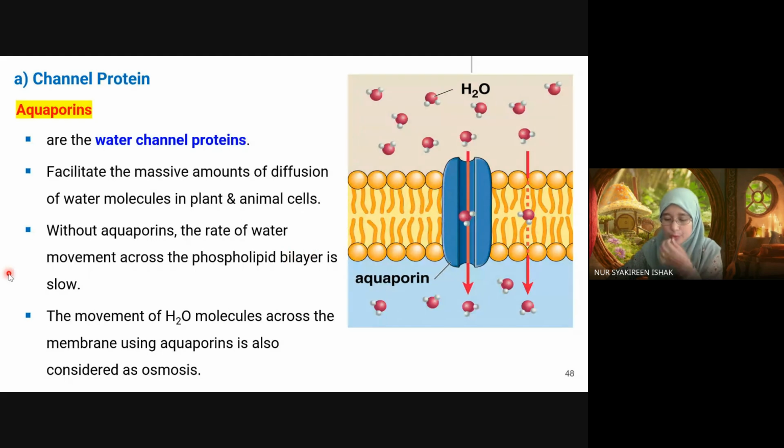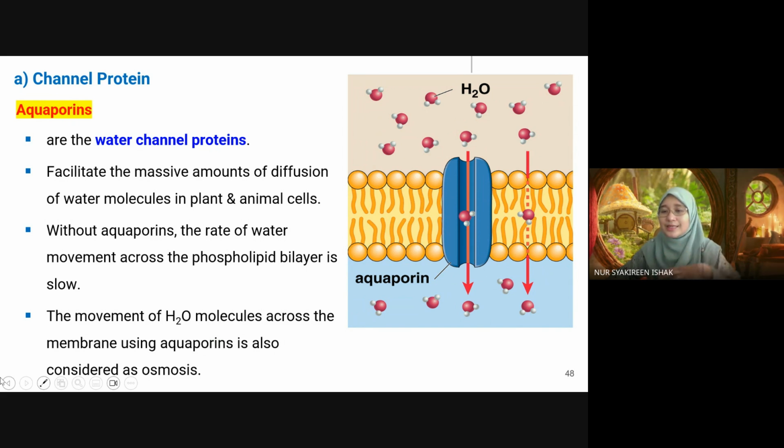Without aquaporin, the rate of water movement across the phospholipid bilayer is low. Water can cross the phospholipid bilayer but at a slower rate. To increase the movement is through the channel protein, through the aquaporins. The movement of water molecules across the membrane using aquaporin is also considered osmosis.